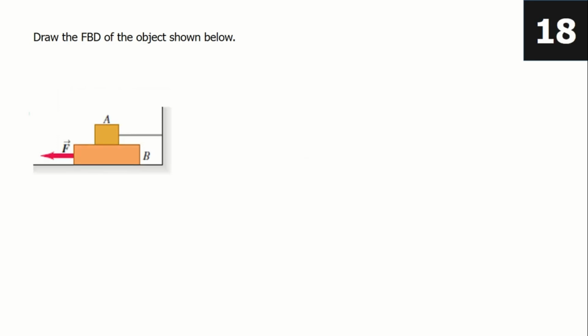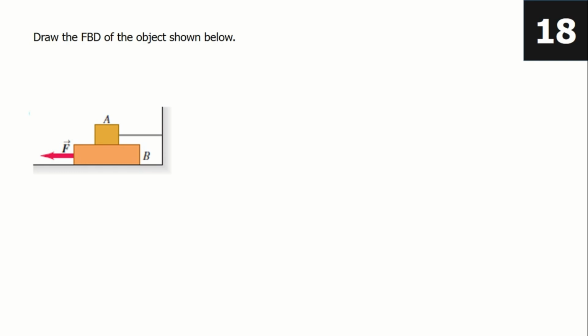On item 18, we have two masses, object B and object A. Object A is smaller and on top of object B. Object A is attached to the wall through a string on its right side.